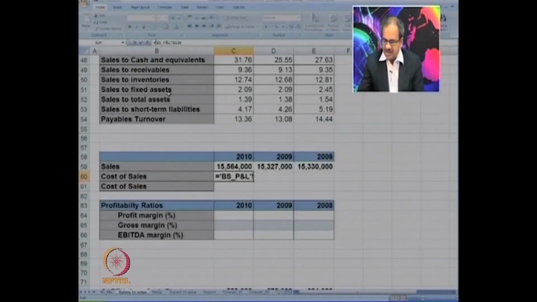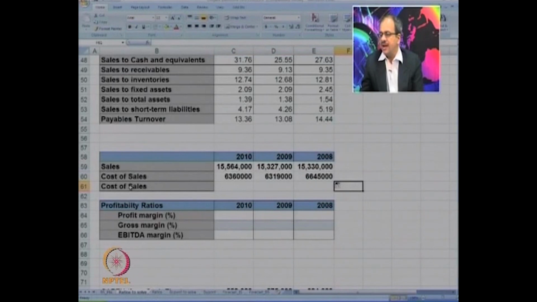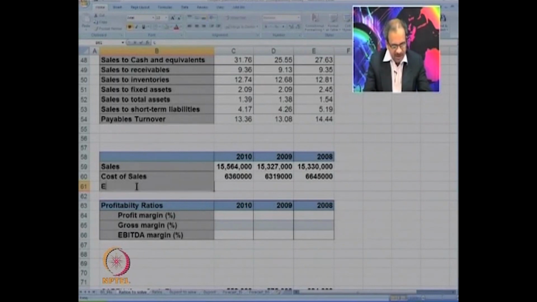It is in the minus, so we have to put a minus sign. So this is the cost of goods sold now, and we need to find three things. We are going to find profit ratio, gross margin and EBITDA. So, here we will try to bring in EBITDA, popularly known as EBITDA.